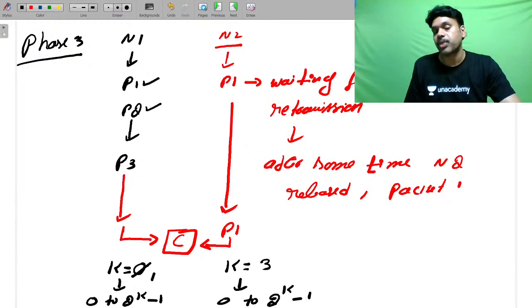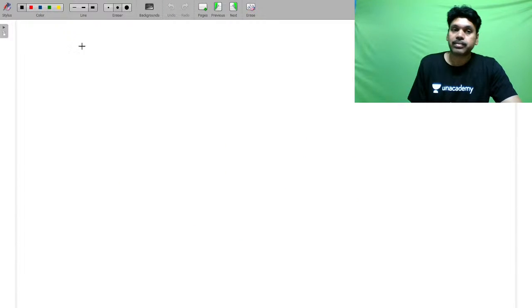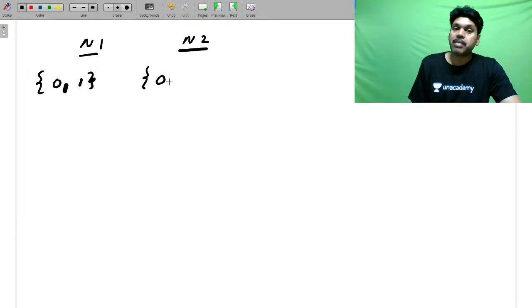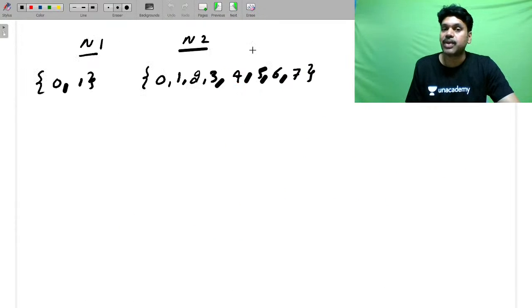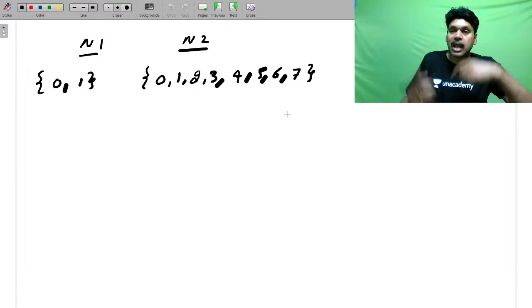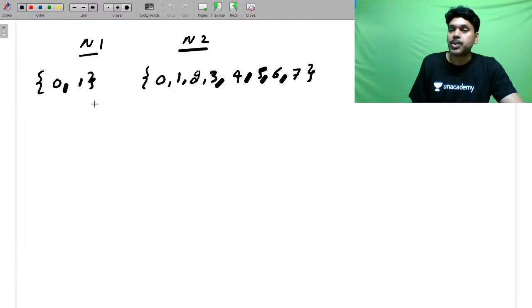So both of them are going to get slot numbers. This is N1, this is N2, the case study. Your slot numbers for N1 are 0, 1 and for N2 they increase to 0, 1, 2, 3, 4, 5, 6, 7, because your collision number is 3: 0 to 2 power 3 minus 1, which is nothing but 0 to 7. So I got the slot numbers. Again, I am keeping them into probability. Now you can easily say who is going to win the race.